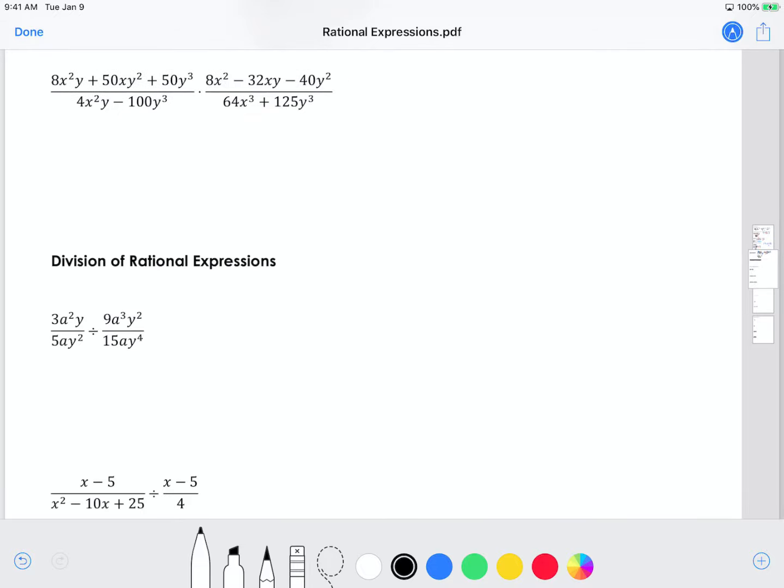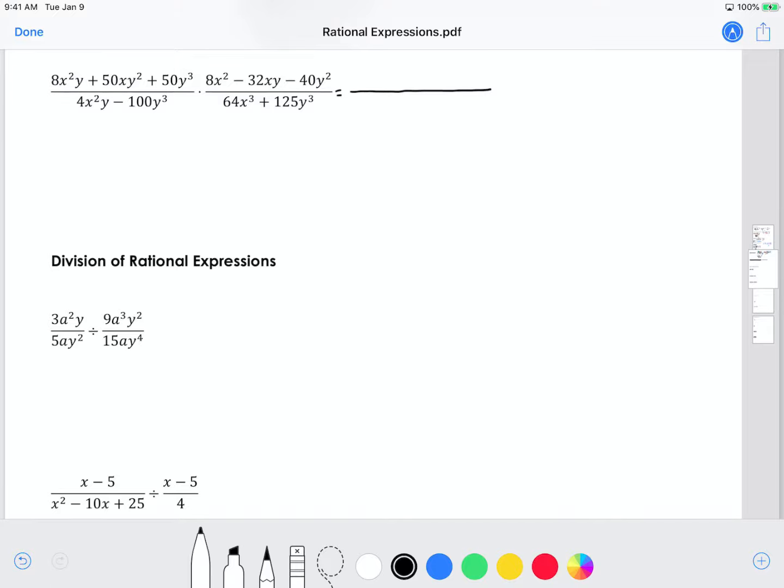In this last example for multiplying rational expressions, this is going to get a little bit messy, but it still is the same procedure where we have to factor everything and then cross off what the numerator and the denominator have in common. So let's start off by factoring the numerator of the first fraction.